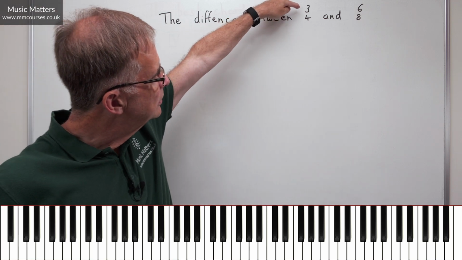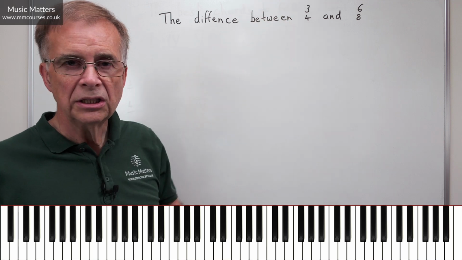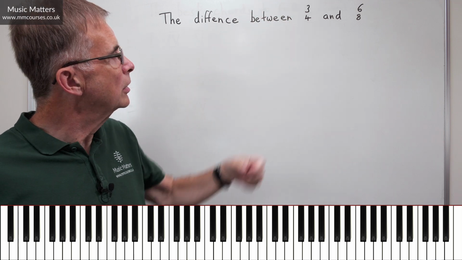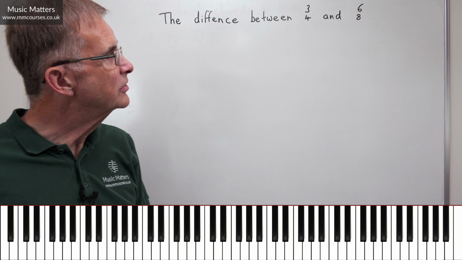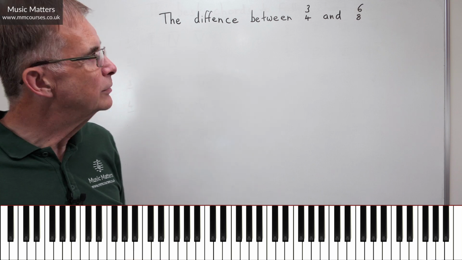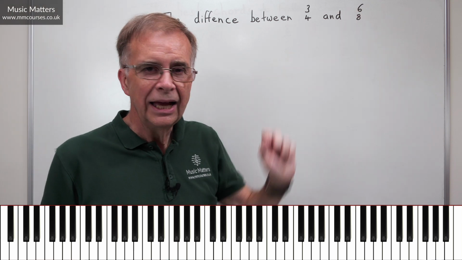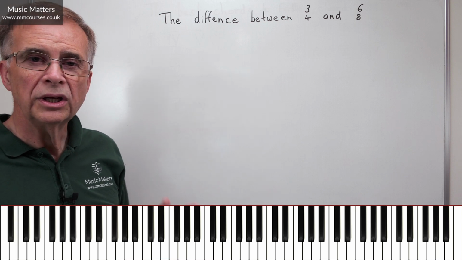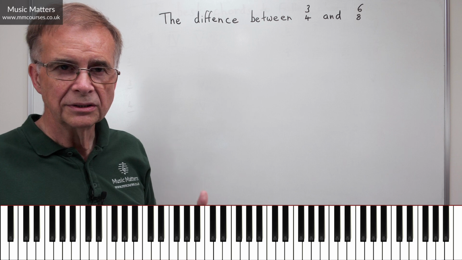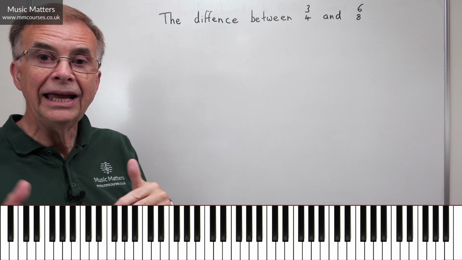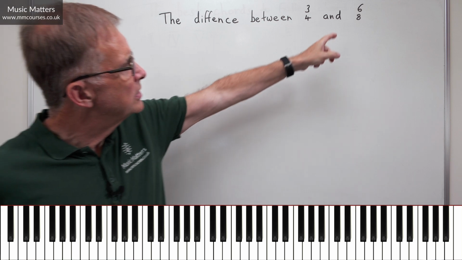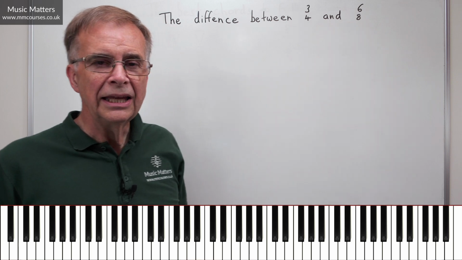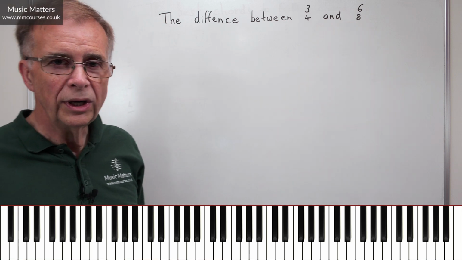So there are 3 crotchet beats in a bar, or 3 quarter note beats in a bar. When we look at 6/8, the 8 at the bottom is talking about quavers, or eighth notes. So there are 6 eighth notes in the bar, or 6 quavers in a bar.